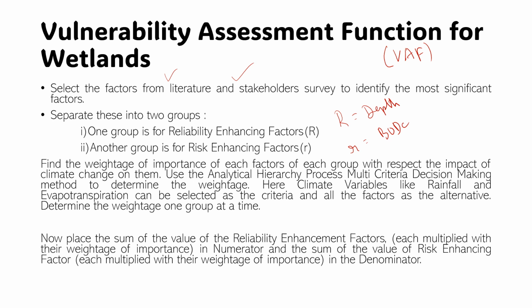When these factors are identified, find out the weightage of importance of each factor for each group with respect to the impact of climate change. You can use the analytical hierarchy process, a multi-criteria decision making method, to achieve this. I will share the tutorial link for AHP in the description of this video. In AHP, you need criteria and alternatives.